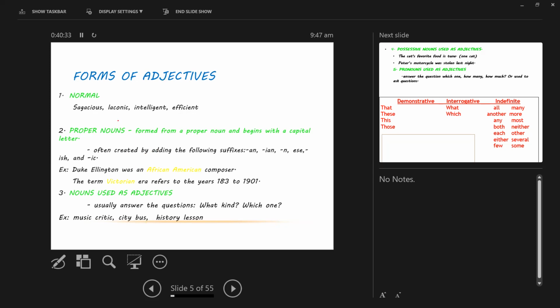Okay. Now it gets even more complicated because why the heck are nouns used as adjectives? Di ba? Lalo nakaka-confuse. Itigil na natin to. Well, yes. Good news is nouns can be used as adjectives. For example, music critic.